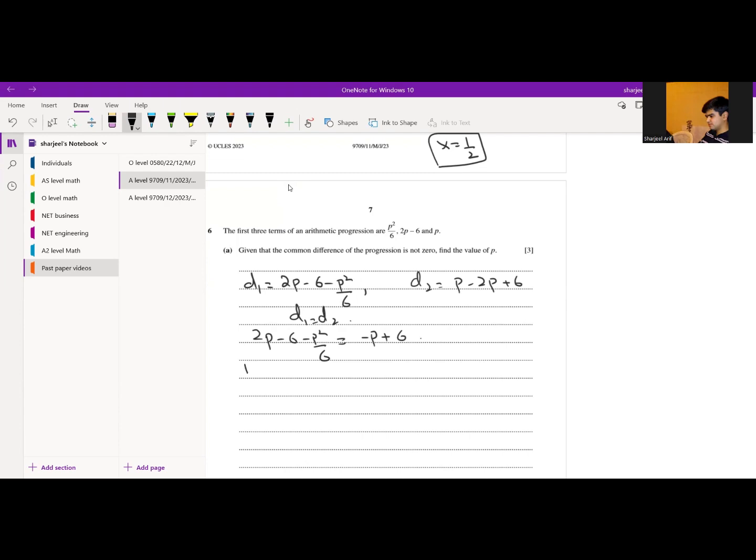Now take the LCM. Cross multiplied. It would be 36 here. So this will be 12p minus 36 minus 6p square equals minus 6p plus 36.